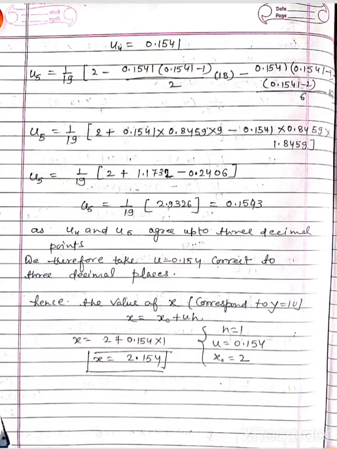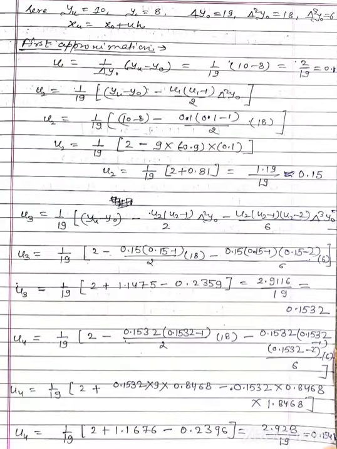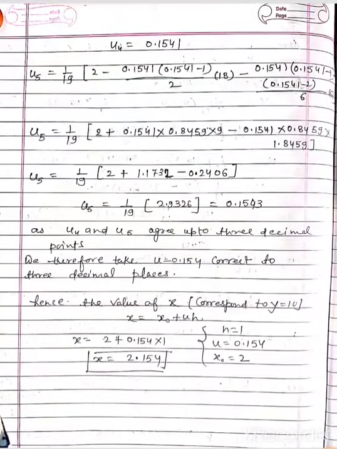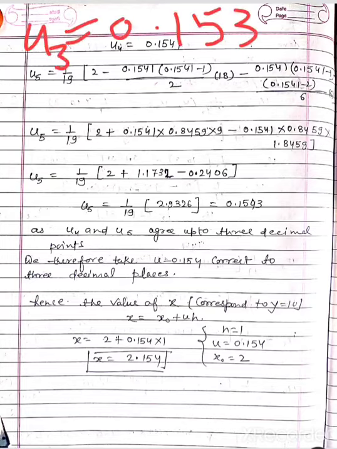Here we can see the value of u3 was 0.1532, and the value of u4 does not agree up to the 3 decimal places.